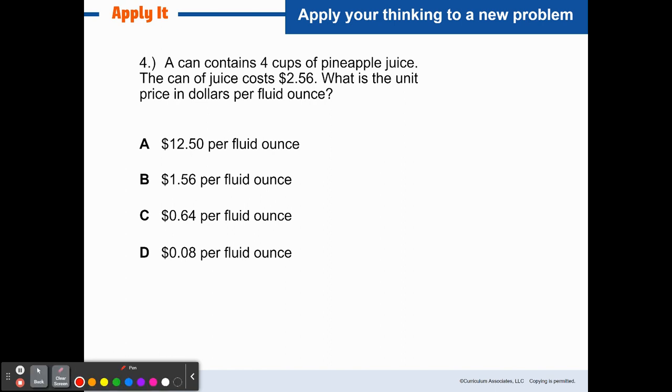So 4 cups, right? And 1 cup equals 8 ounces. So if I multiply times 8, I will get 32 ounces.